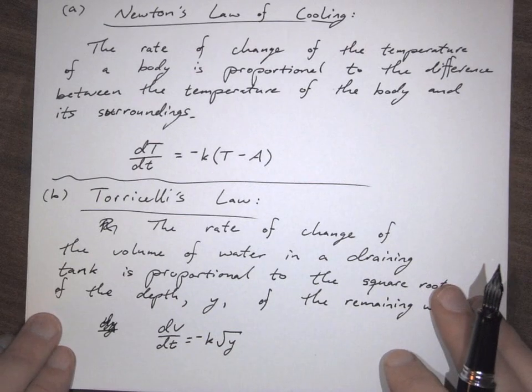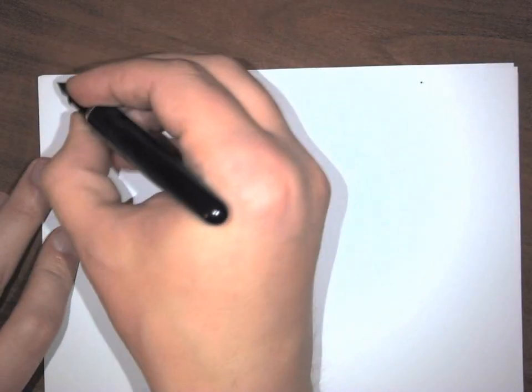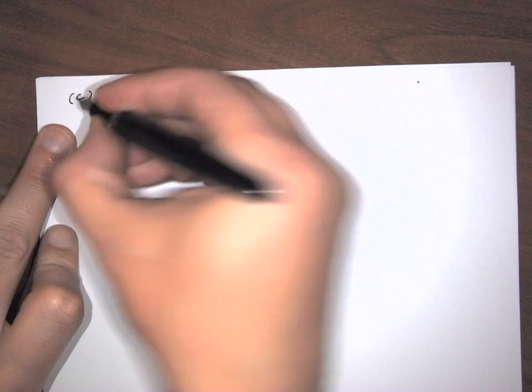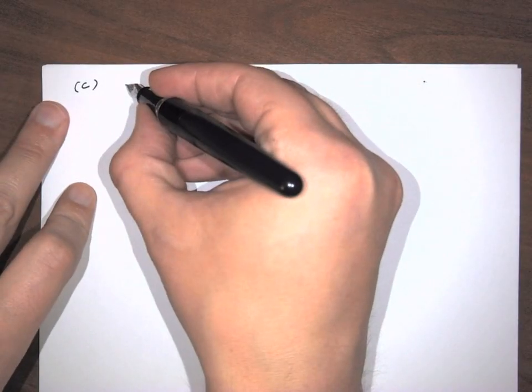And now the last example for right now, the last part of the first of these lectures, is the case of uninhibited growth of a population.